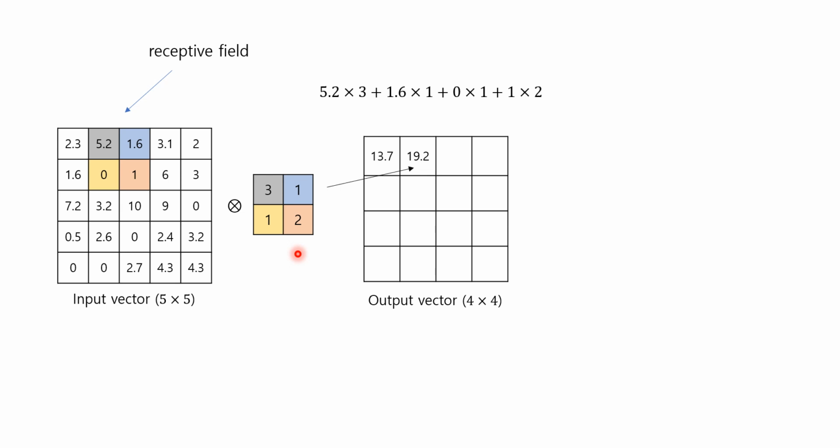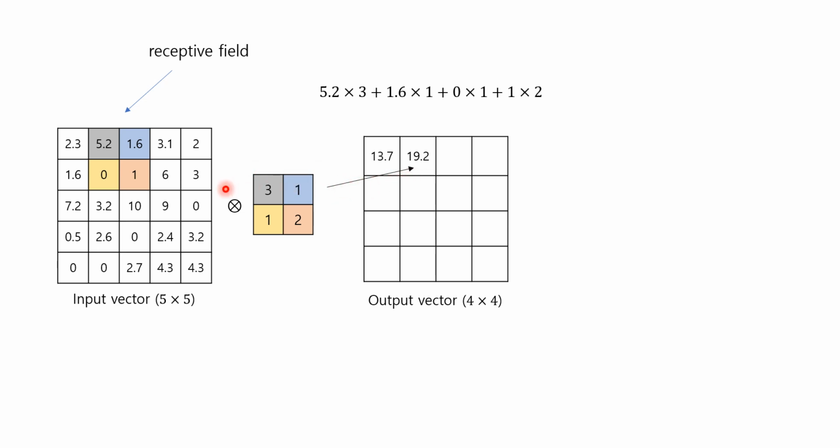How many positions to move is called stride, and in this case the stride is 1, and this is the receptive field because it's the region that the kernel is currently seeing. The same process is performed, producing 19.2.